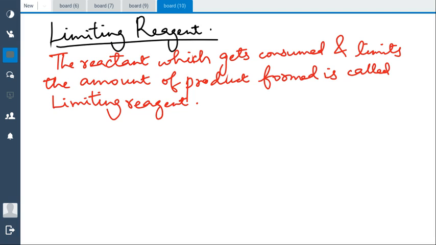Okay, the reactant which is consumed and limits the amount of product formed is called limiting reagent.